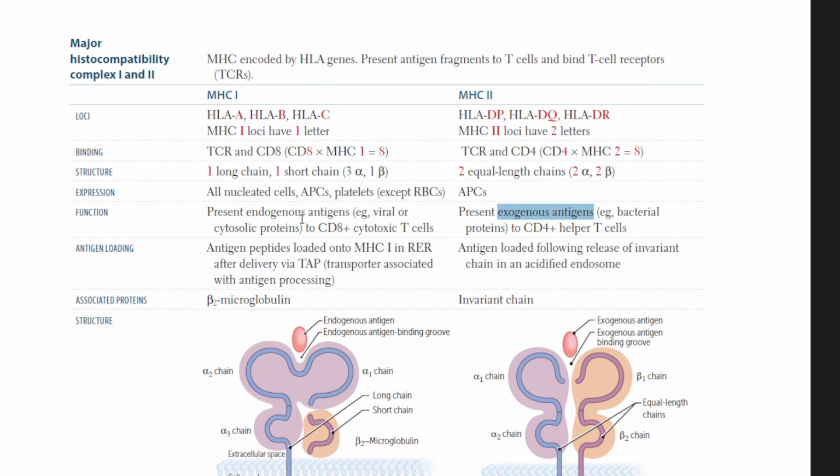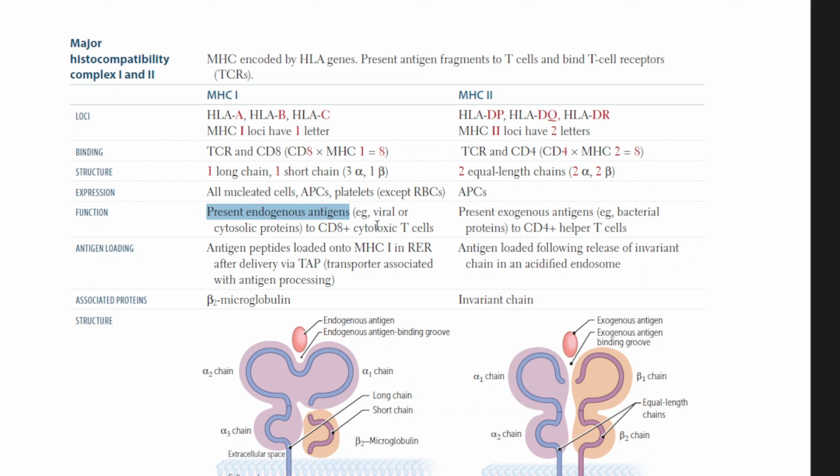So the endogenous antigens, like viral or cytosolic proteins, bind to CD8 plus cytotoxic T cells.